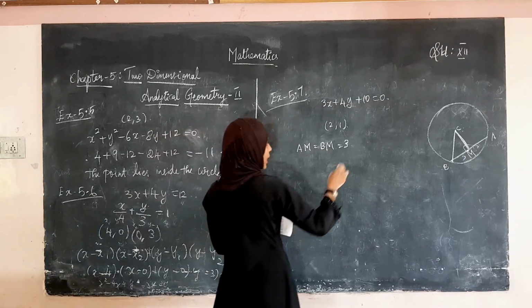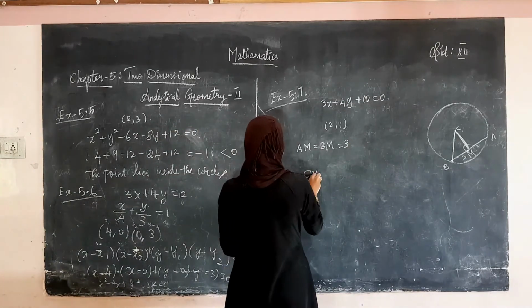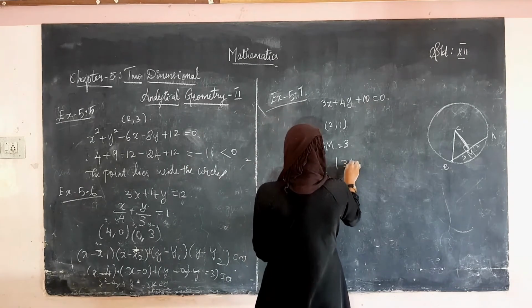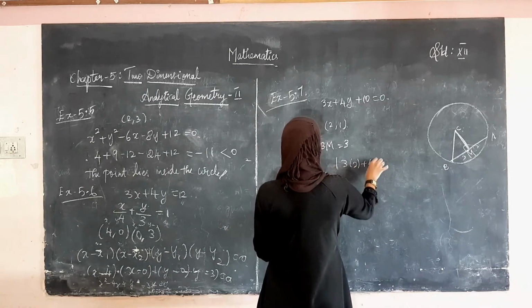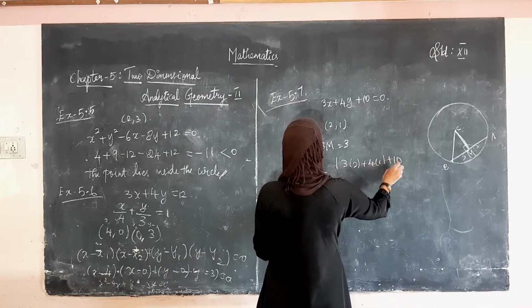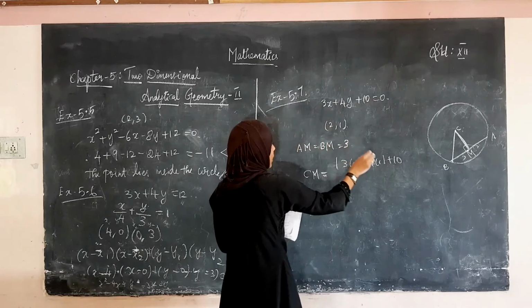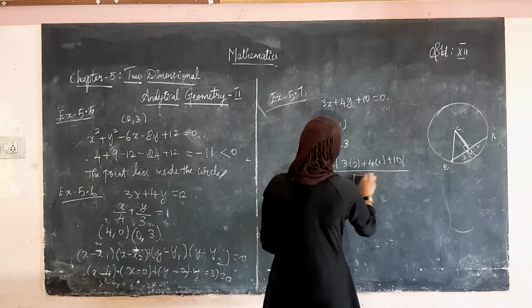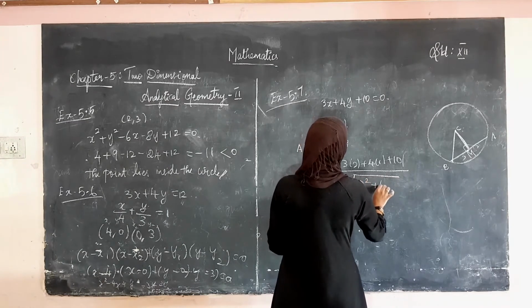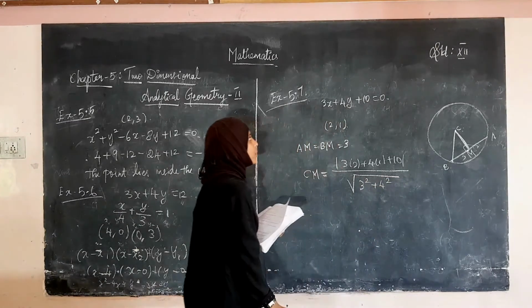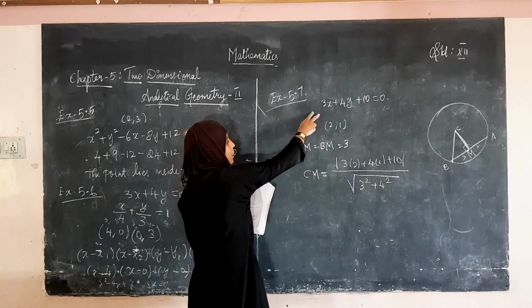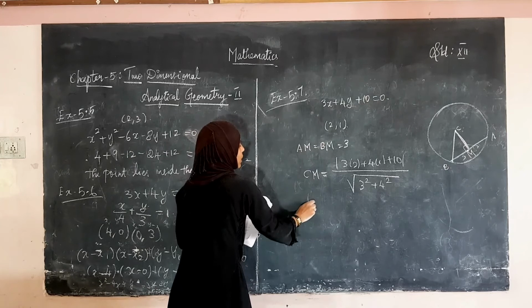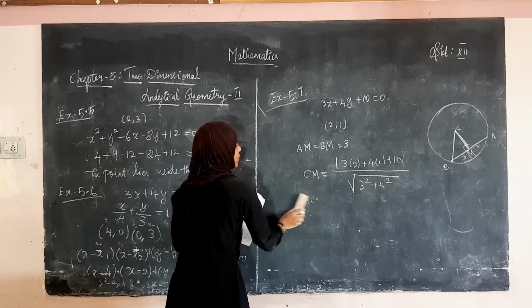For finding the radius, first find CM. CM is equal to the modulus of (3 into 2 plus 4 into 1 plus 10) divided by root of 3² + 4². That is, we are substituting the center here and finding the absolute value.